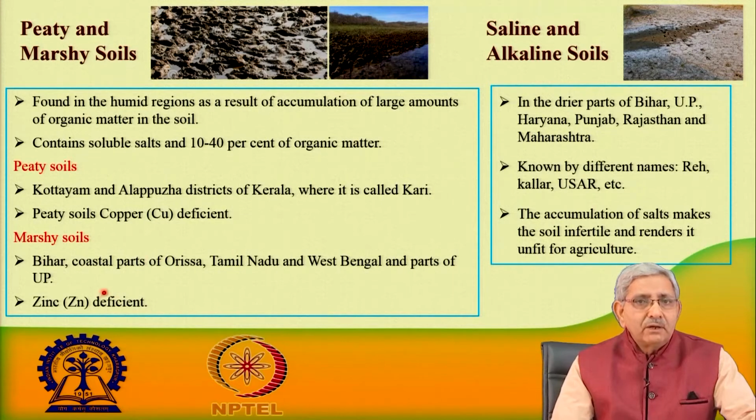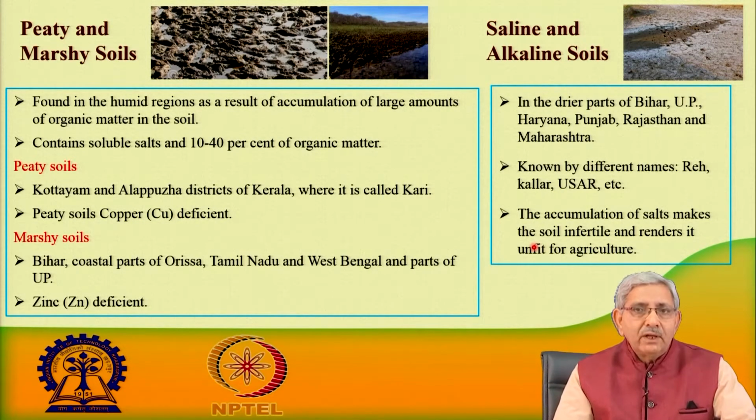Most of the marshy soils are available in Bihar, coastal parts of Odisha, Tamil Nadu, West Bengal and Uttar Pradesh, and they are deficient. So, accordingly the soil amendment is to be done when we want to bring these soils for cultivation.